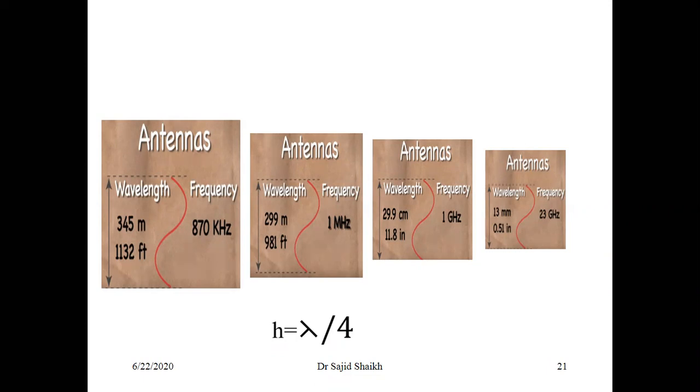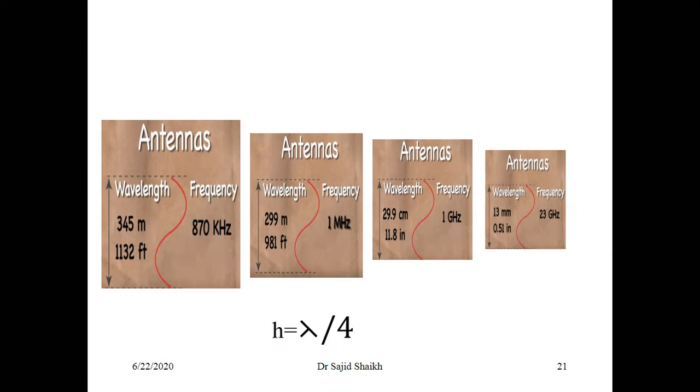In front of you is a slide showing the formula for the height of an antenna: H is equal to lambda divided by 4. H is the height of the antenna, and lambda is the wavelength of the electromagnetic wave, which is divided by 4.